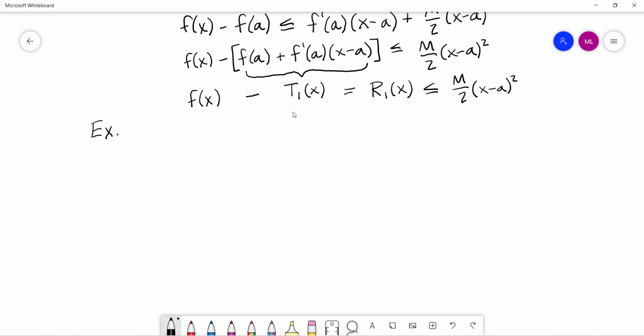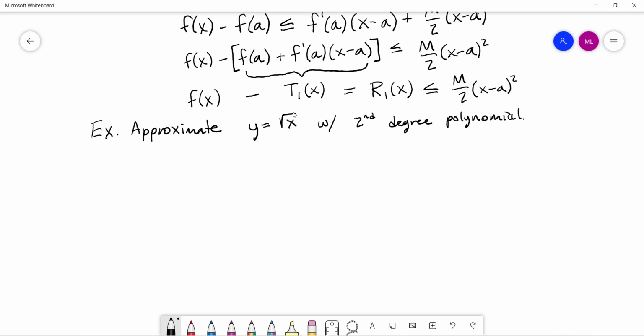I want to come up with maybe a second degree approximation of, say, the square root function. So I want to approximate y equals the square root of x with a second degree polynomial.